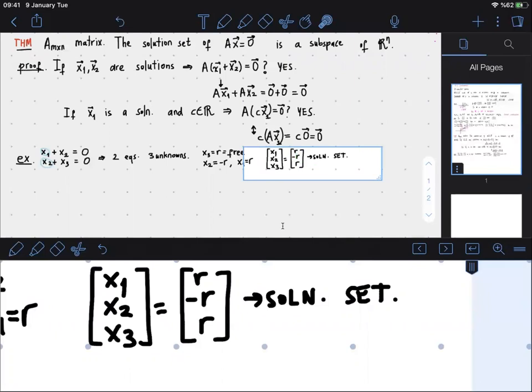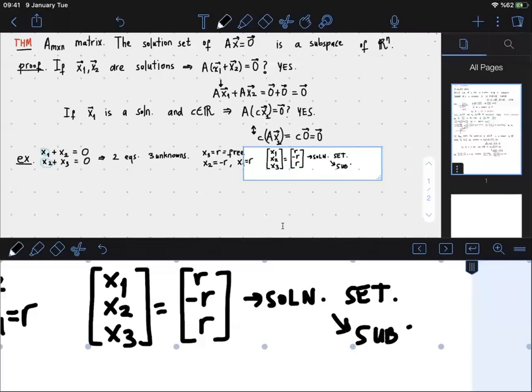So whatever I choose r, if I take two such vectors, the sum is still of the same form. And if I take such a vector and multiply it by a scalar, the result is still of the same form. So this is really a subspace.